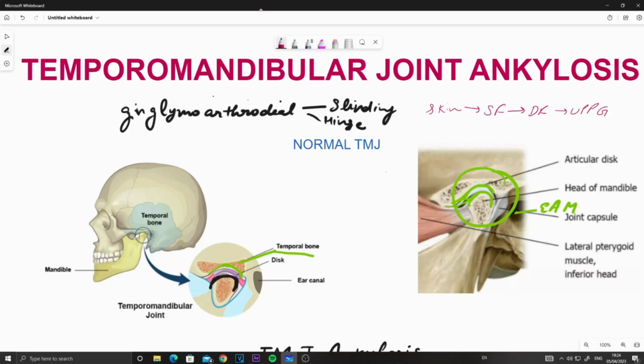These are the superficial relations of the TMJ.